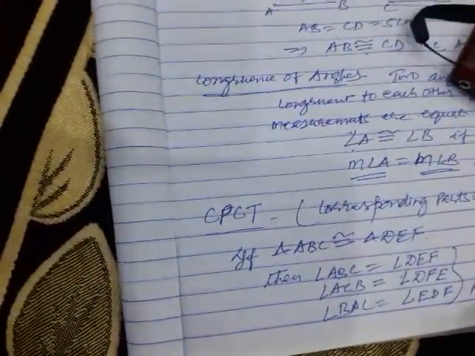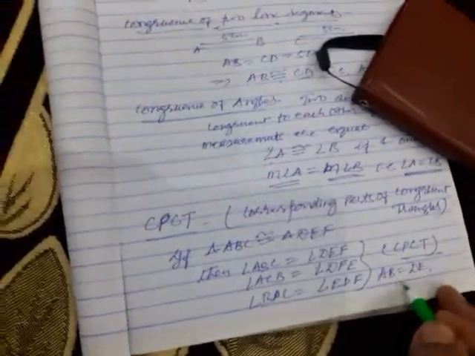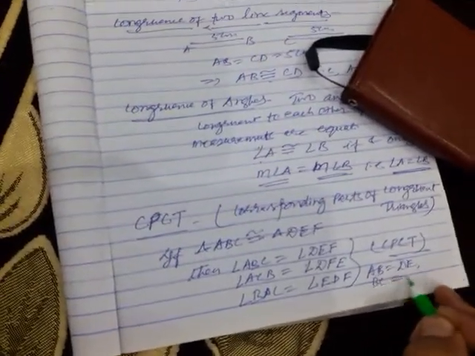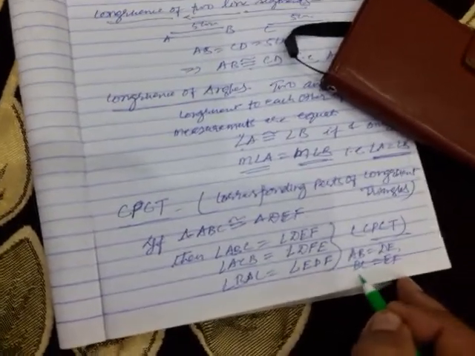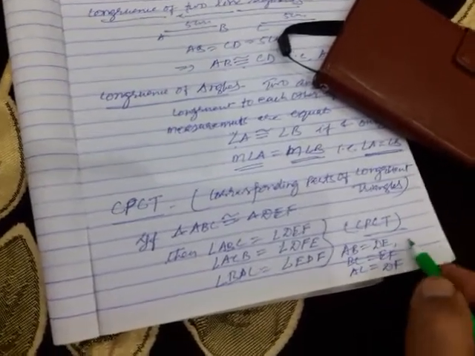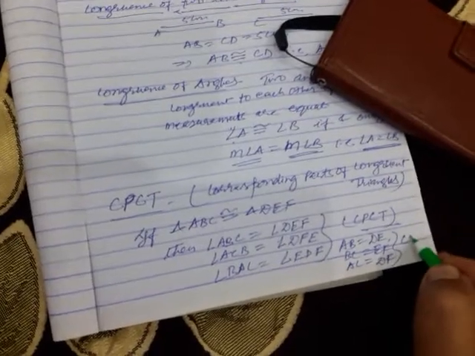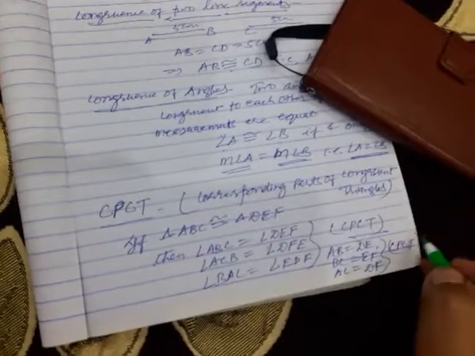AB equal to DE, BC equal to EF, and AC equal to DF. Here the reason we give is CPCT, corresponding parts of congruent triangles are equal.